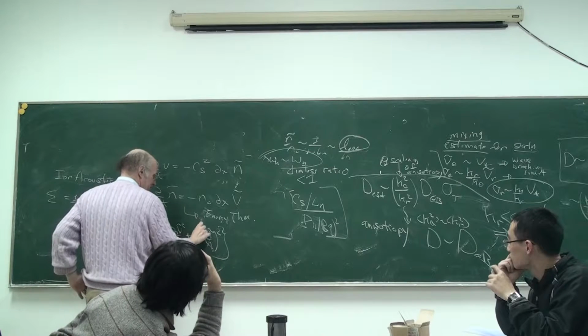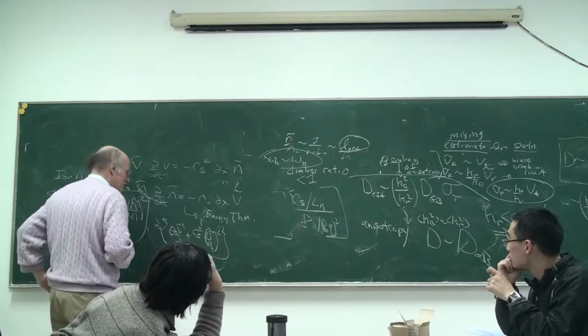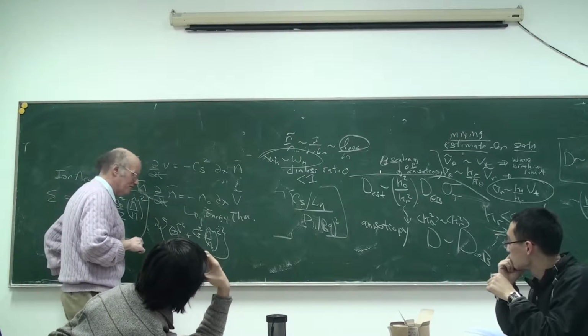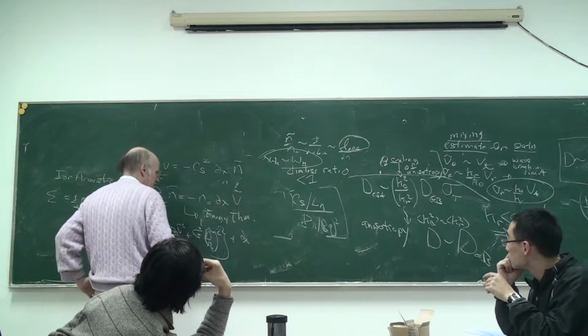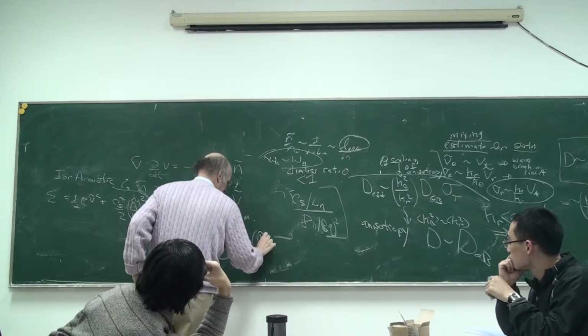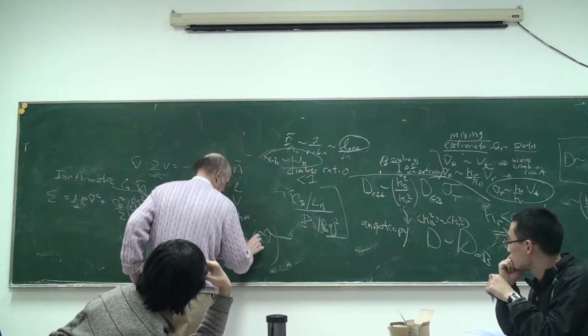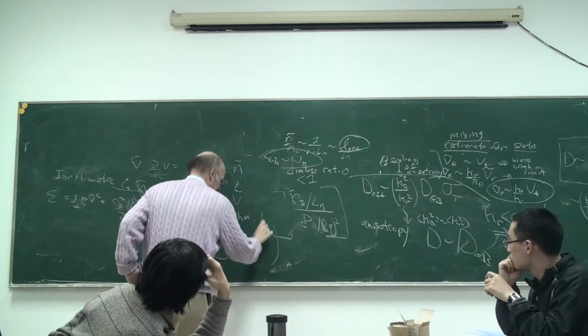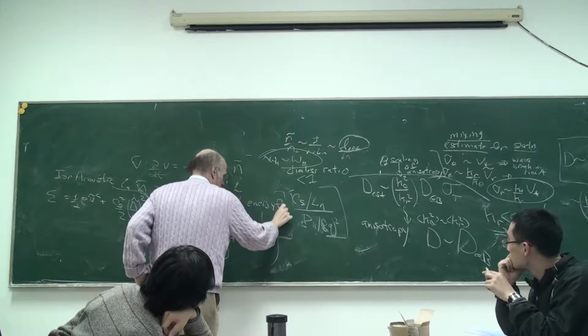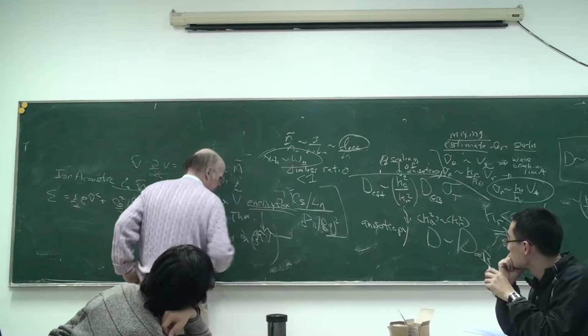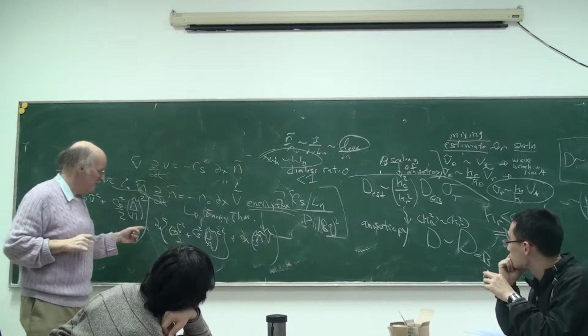You can think of this as a fluctuating internal energy in some sense. And then you'd also have something like d by dx of n tilde v tilde times c sub s squared. This is the energy flux, and the other is the energy density.